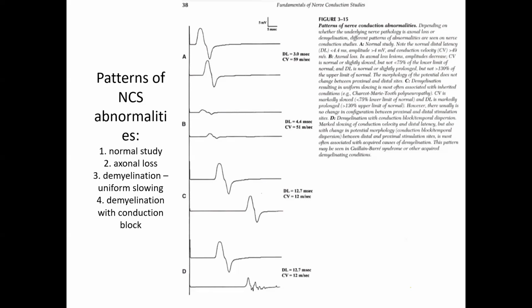So what is this Martin-Gruber anastomosis? A median nerve fiber crosses over to the ulnar nerve and supplies the ulnar-innervated muscles, like FDI, abductor digiti minimi, and flexor pollicis brevis. So there is a communication between the median nerve and ulnar nerve, right?